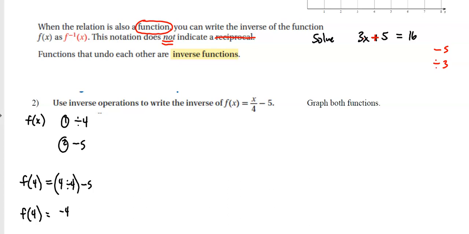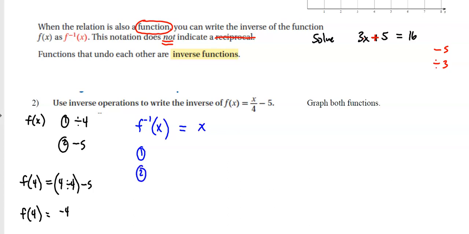Well, if I want to do the inverse of that, I want to do everything opposite and in the reverse order. So to do the inverse, I want to take my starting number, and instead of dividing by 4 and then subtracting by 5, I'm going to do the reverse order.